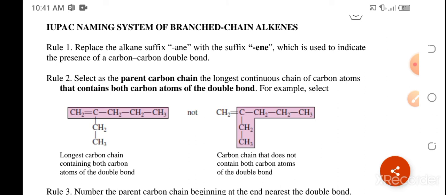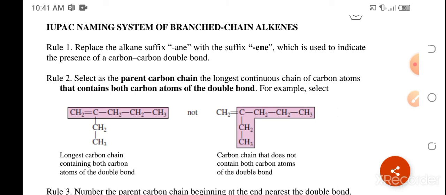You have to alphabetically arrange the substituents, number them in such a way that you come up with the smallest set of numbers, and still you are using the dash to separate word from a number and a comma to separate two numbers or number from a number, and we are still not putting spaces in between the last name of the substituent and the name of the parent chain.